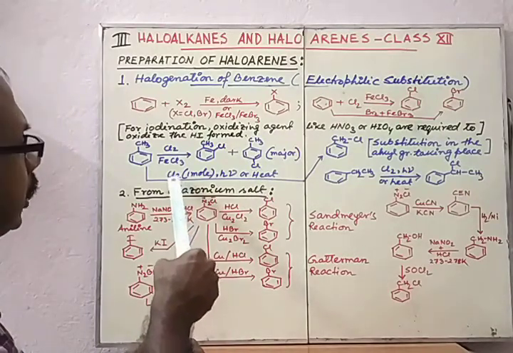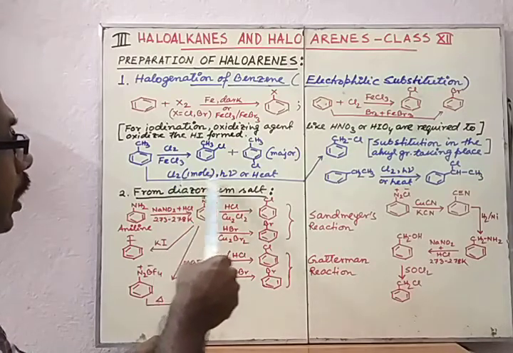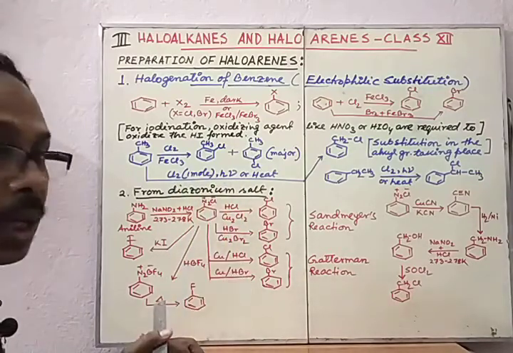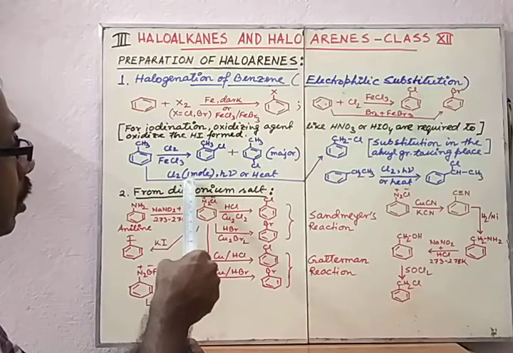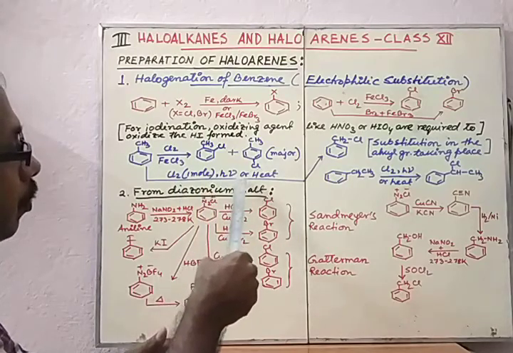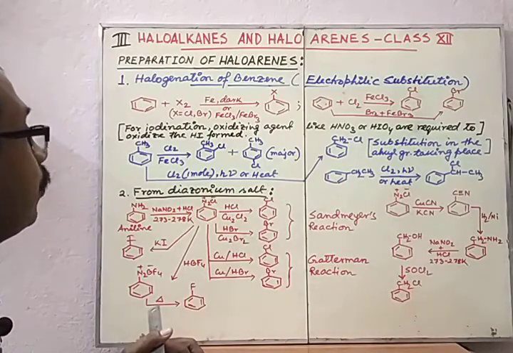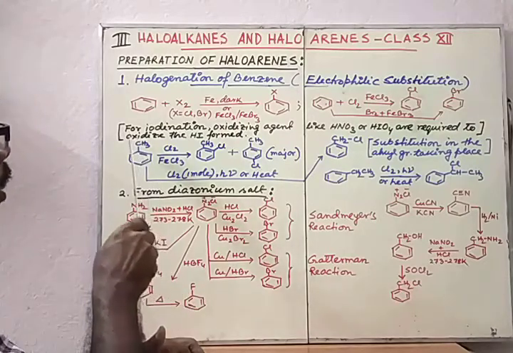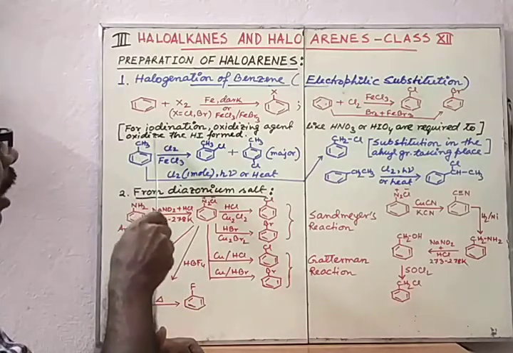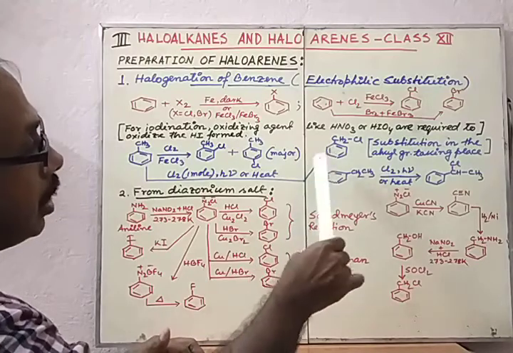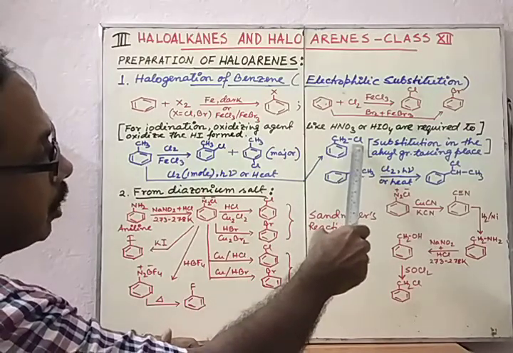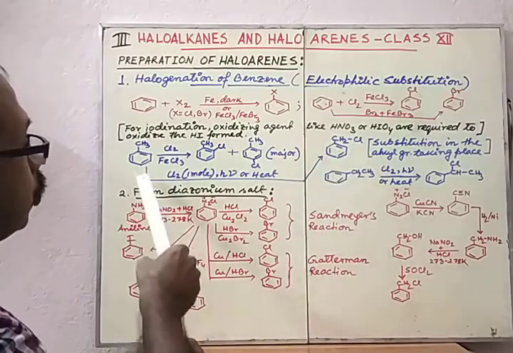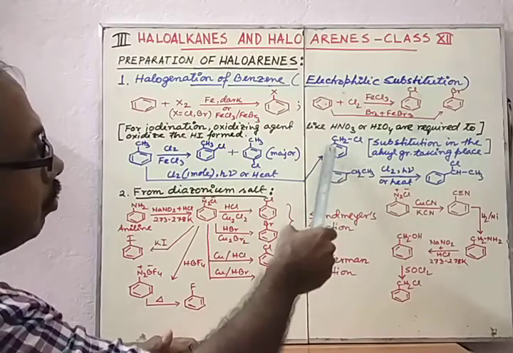Now here you follow that if the reagent is halogen, chlorine or bromine in presence of sunlight or heat, now the substitution takes place at the alkyl group. Here free radical substitution at the side chain takes place. So from toluene we will be getting the benzyl chloride.